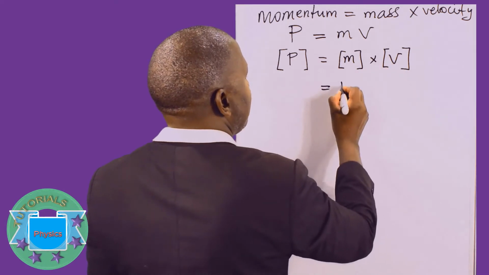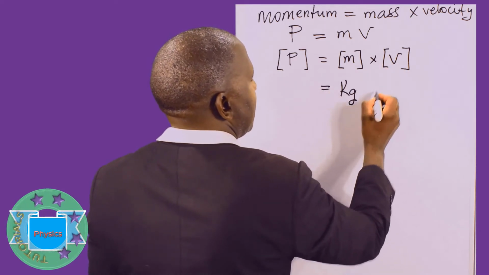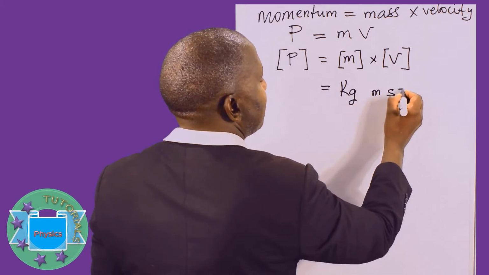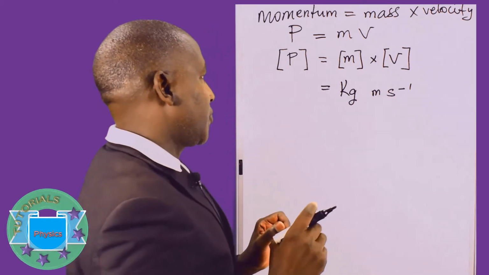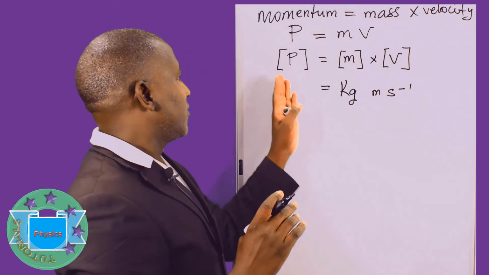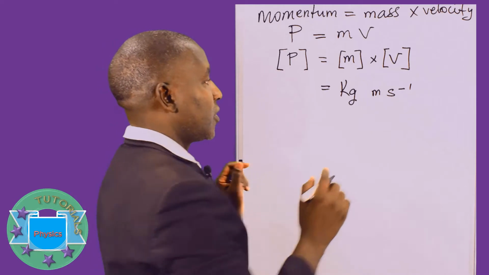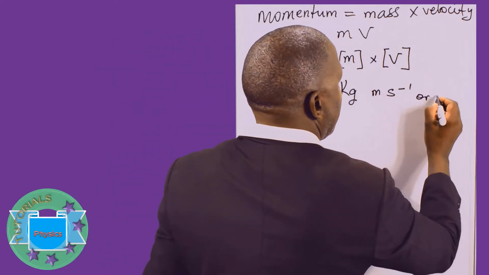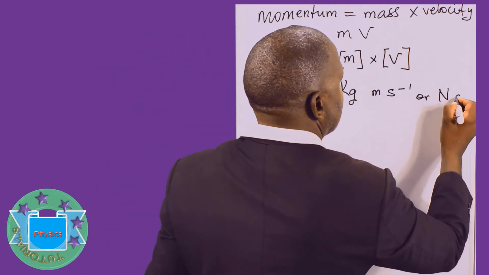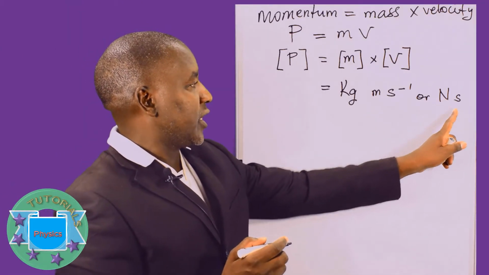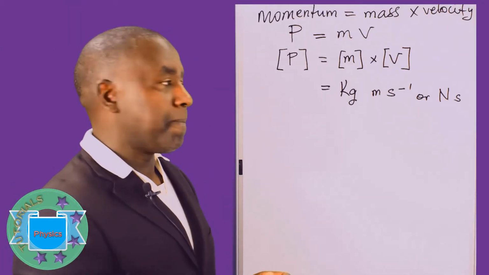The units of mass is kilograms. The units of velocity is meters per second. So the SI units of momentum is kilograms meter per second, or Newton seconds. We shall see later how these units, Newton seconds, comes about.